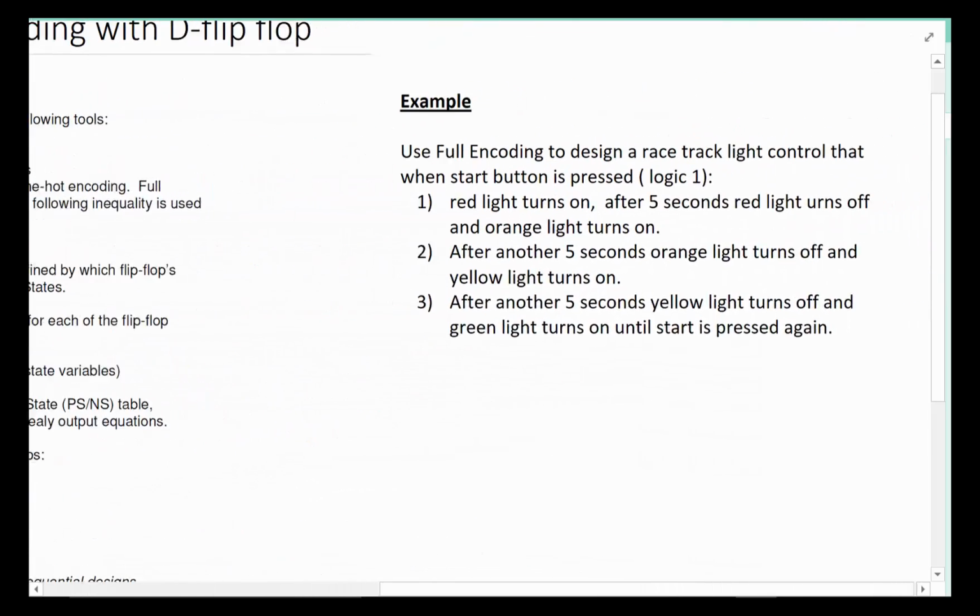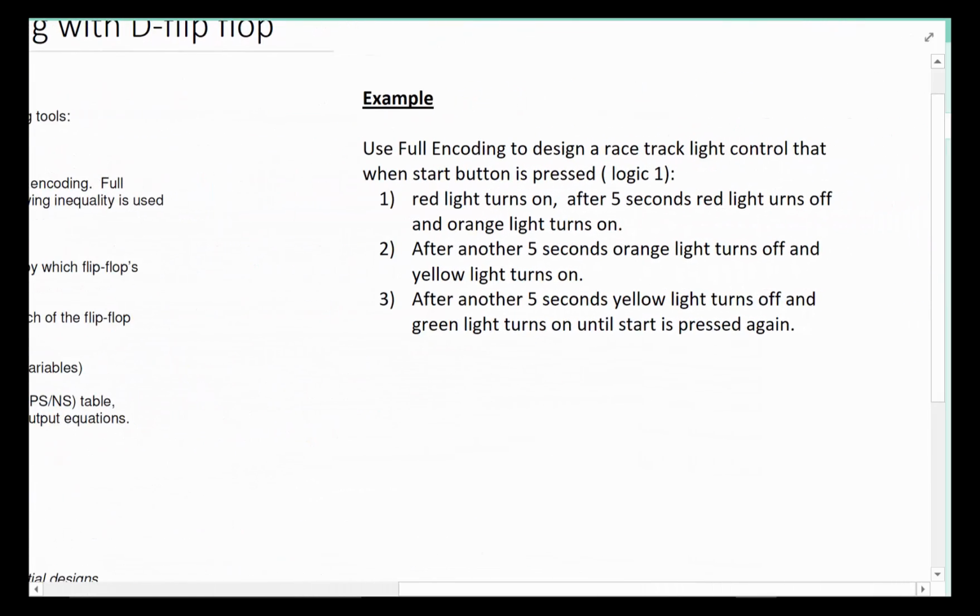Okay, so let's pick an example. We have had this example. We're going to keep reusing this example for various ways to design using various flip-flops and various encoding schemes. In this case, we're going to do full encoding, and we're going to design a racetrack light control where you press the start button, and as soon as you press the start button, the red light will turn on, stay on for 5 seconds, then it's going to go to orange, then go to yellow after 5 seconds, and finally to green.